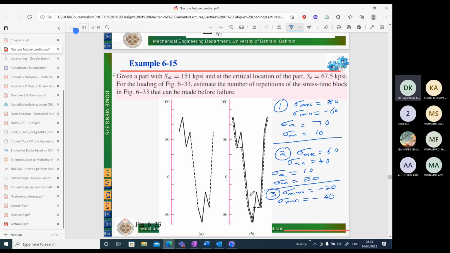Okay, so let's say here max minus min will be minus 20 plus 40, so 20 divided by 2, 10 again, and the mean value is going to be, add them both, minus 40, minus 60, minus 60 by 2, minus 30.